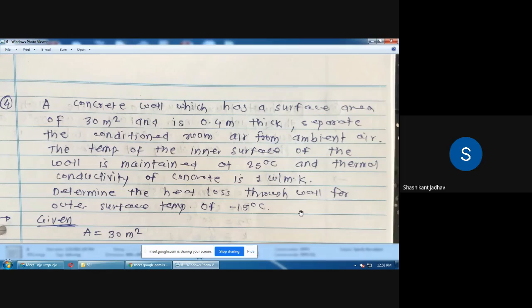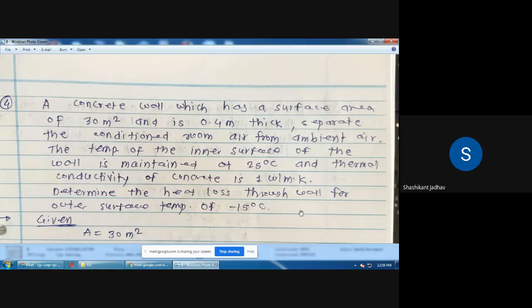and thermal conductivity of concrete is 1 watt per meter Kelvin, full stop.